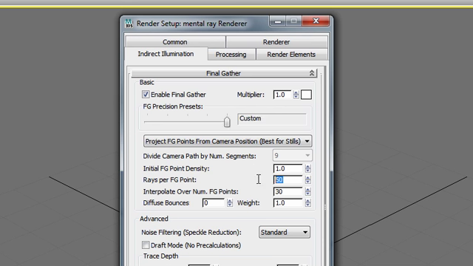Now, the more rays are sent per Final Gather point, the more chances of getting accuracy in the Final Gather point illumination. Now, the higher the interpolation is, the smoother the interpolation between each of these Final Gather points, or the blur effect, is.